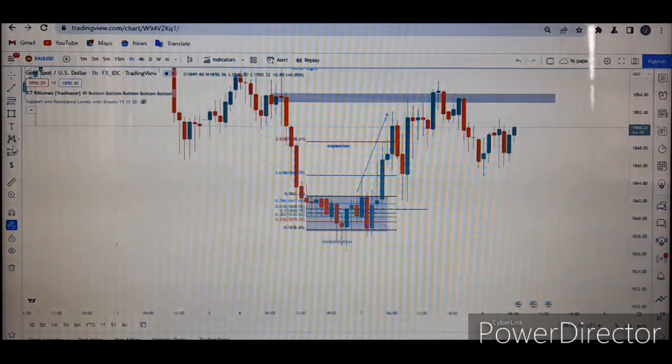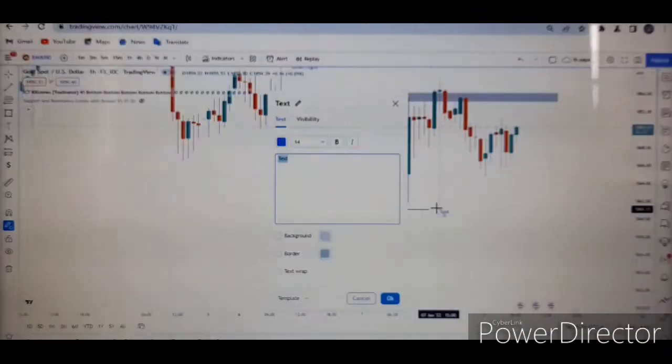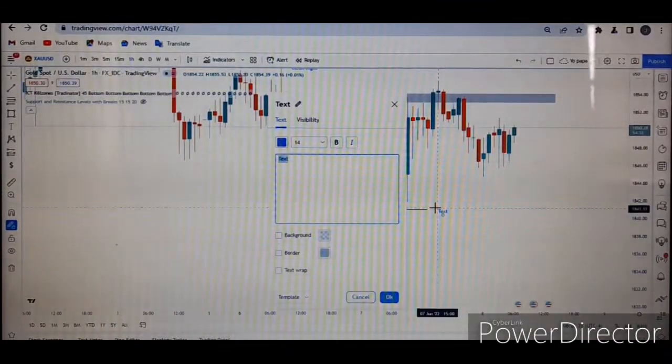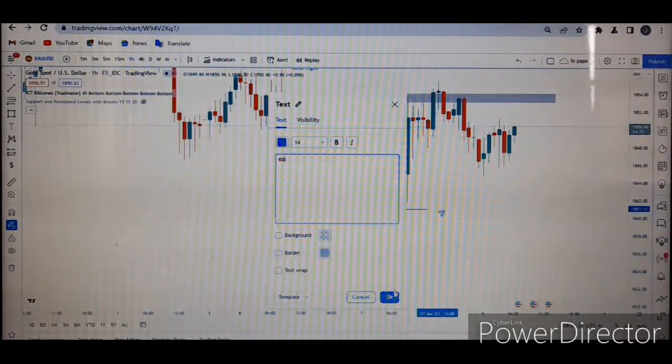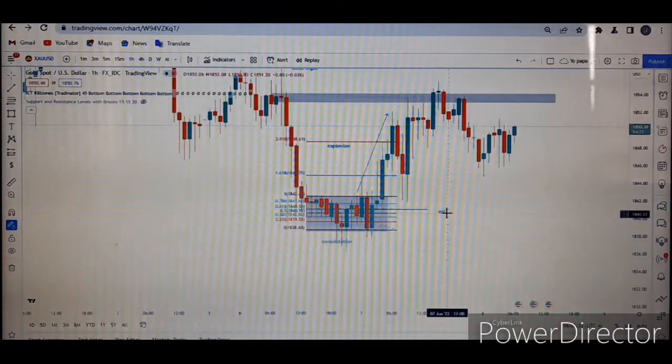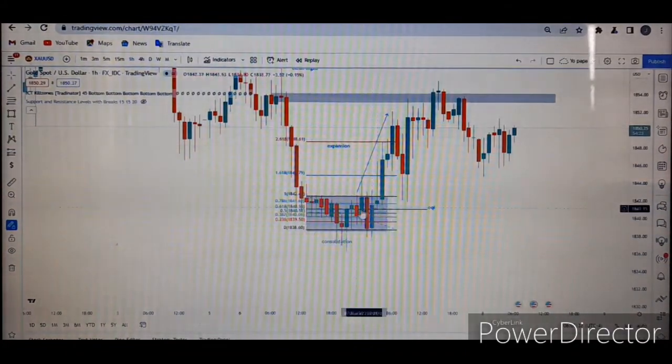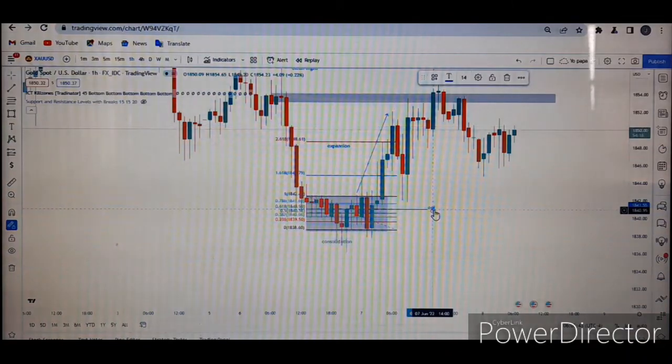This is where we have equilibrium. When I say I highlight EQL, I mean equilibrium. This is where we have the fair price. So in this consolidation, this is the equilibrium here.